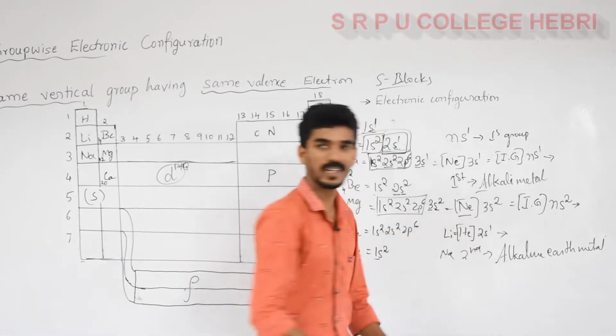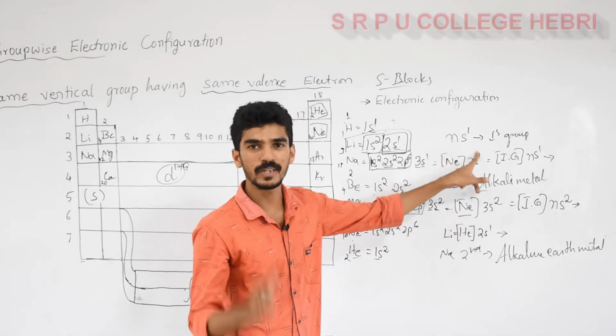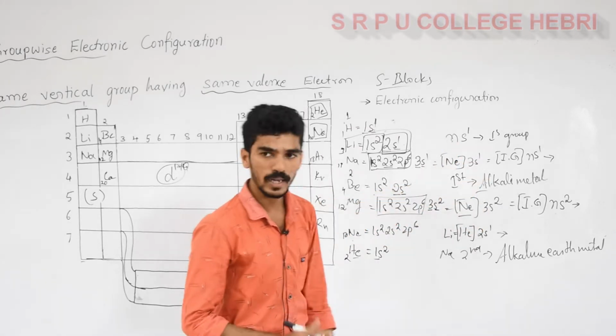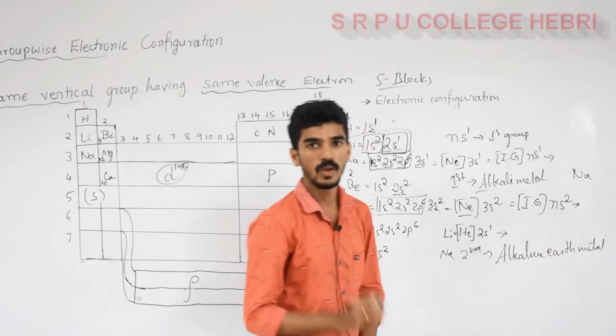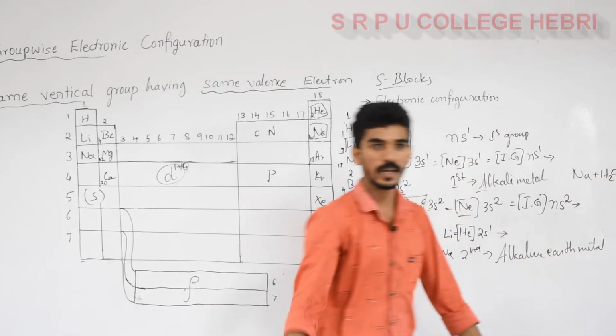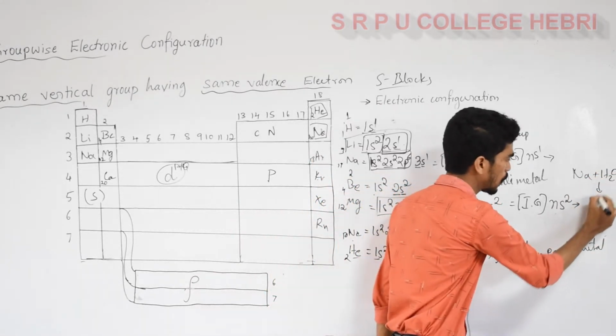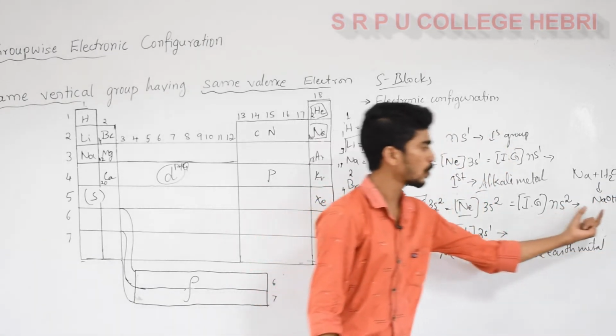Now I took an example. Alkali metals are nothing but ns1, whichever ends with ns1. Na, sodium, is an example. When sodium reacts with water, it will produce NaOH, and I hope you know this molecule.